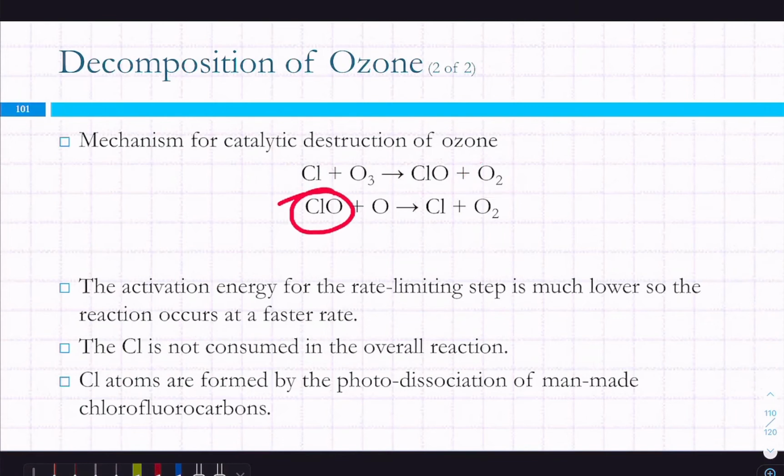Then that hypochlorite goes and finds another atomic oxygen and makes a molecular oxygen, and the chlorine gets released again. So it's a lot easier for ozone to react with chlorine than ozone to react with atomic oxygen that might be around. And so because that first step happens more easily, it happens a lot faster.